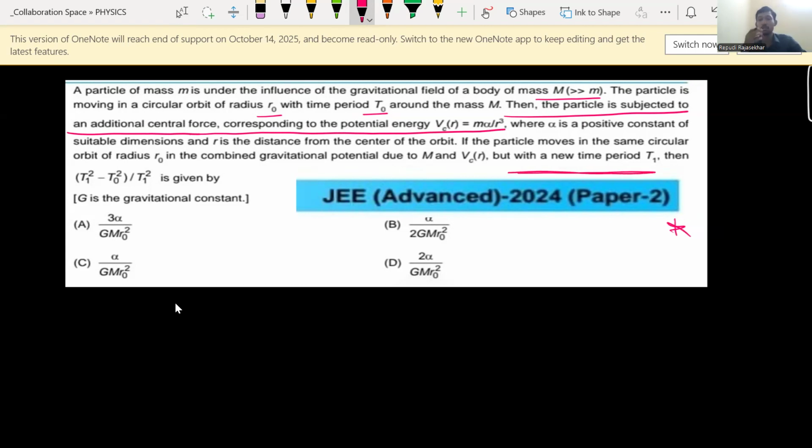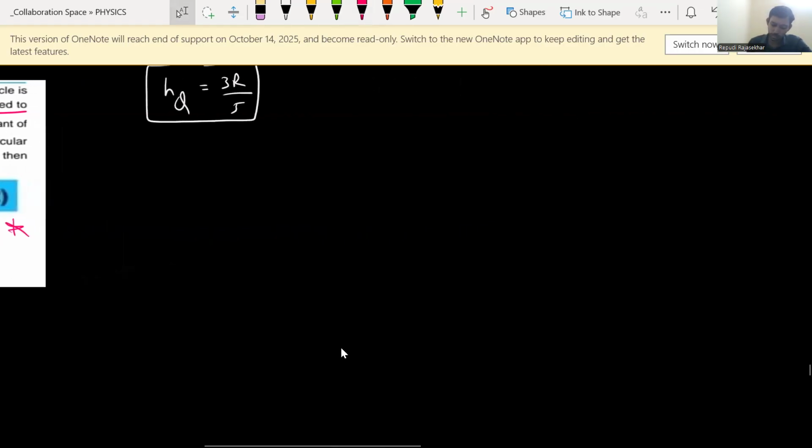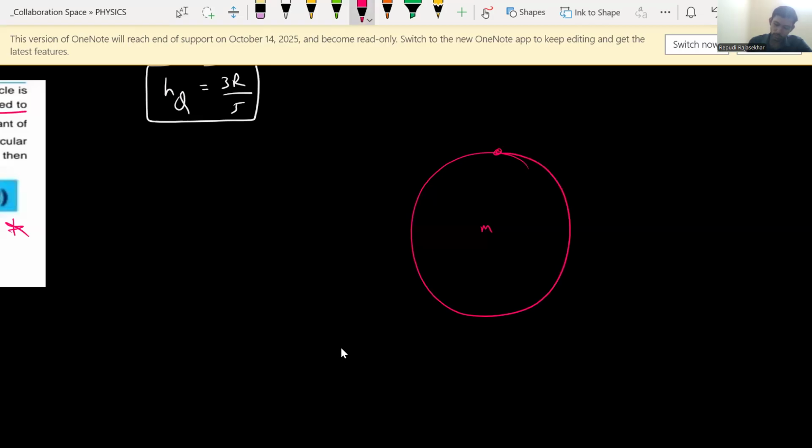I repeat the question. Understanding the question is important here, moreover solving. Initially a small particle is revolving around a mass M. What is the radius here? The radius value is r naught. What is the mass of the particle? Small m. As this particle is revolving around M only due to the gravitational field, we got the time period value calculated just now. But what they are asking is, including this gravitational field, there is another force also acting.